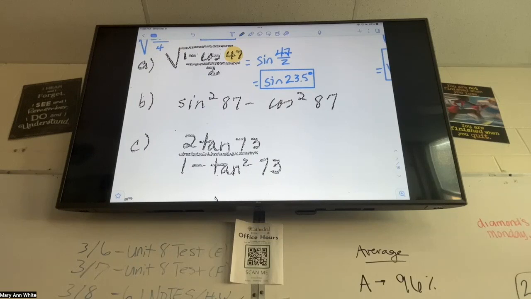All right, letter B, we might have to do a little manipulating, but what does this one look the most like? The double of the cosine. Now, does it look exactly like the double of cosine? No. What's the problem? It's flipped. You need to flip it. Remember, we did this already in 5.3, so we're going to switch the order. We're going to make it negative cos squared of 87 plus sine squared 87, and then factor that negative out.